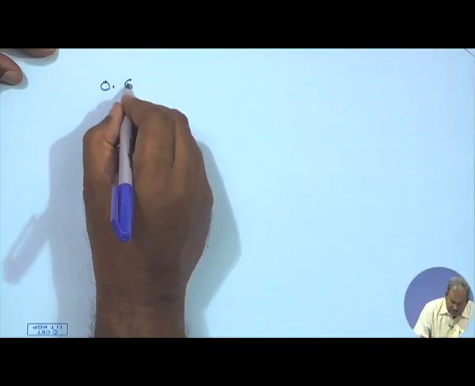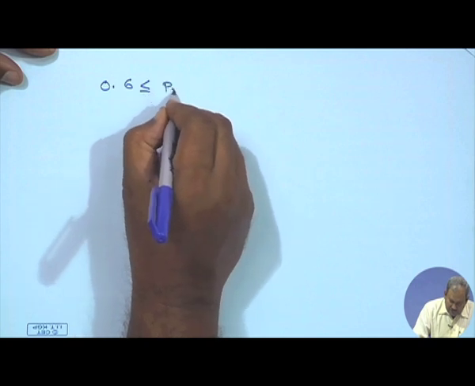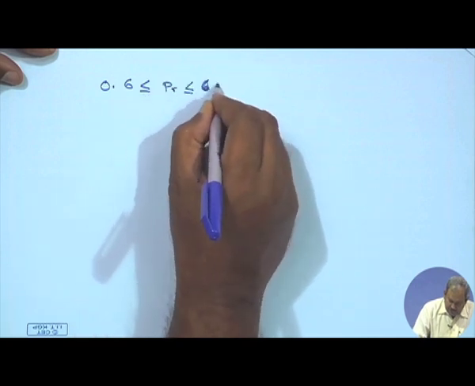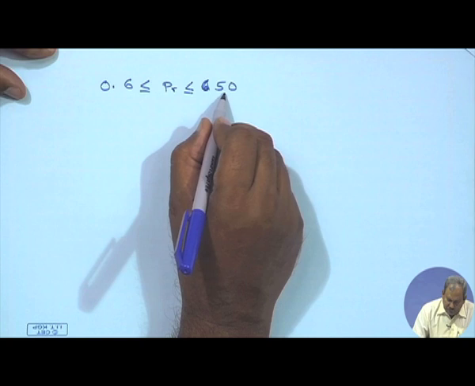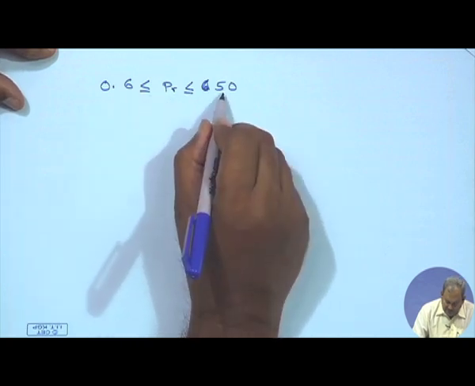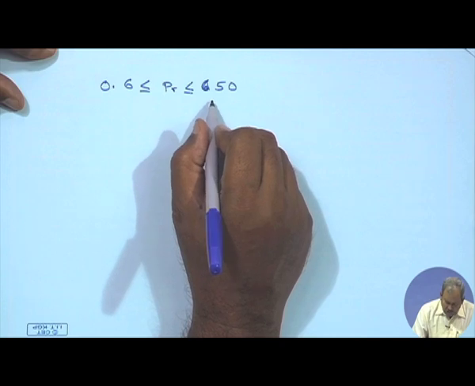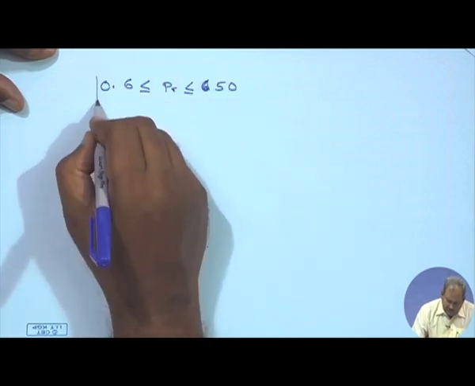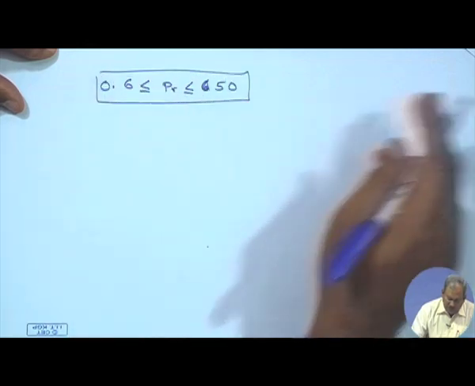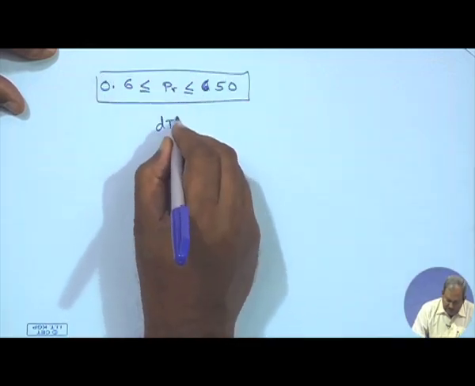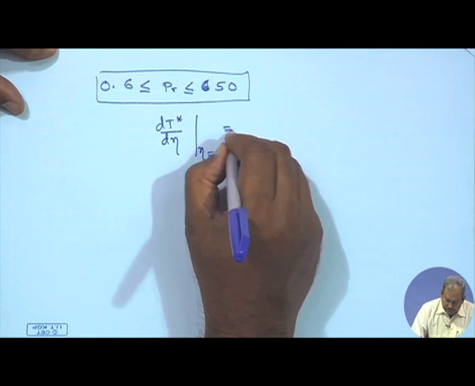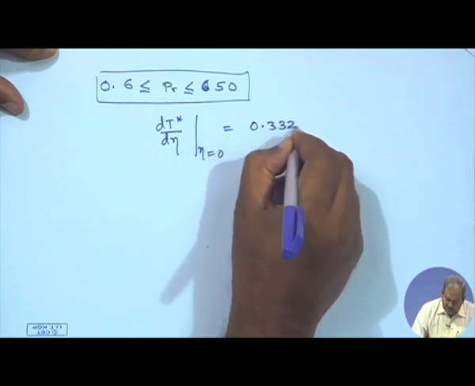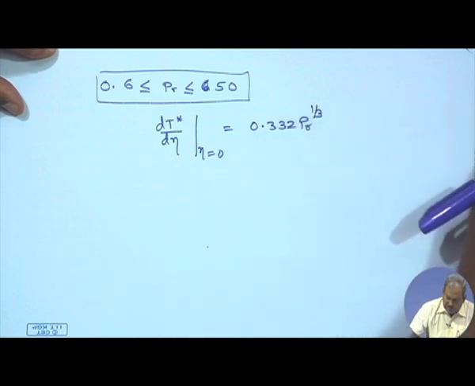What has been shown when that solution was done is that for the value of Prandtl number between 0.6 and 50, which is the range in which most of the fluids that we deal with on a routine basis lie, it was found that dT star d eta at eta equals 0 can be expressed as 0.332 Prandtl to the power 1/3.